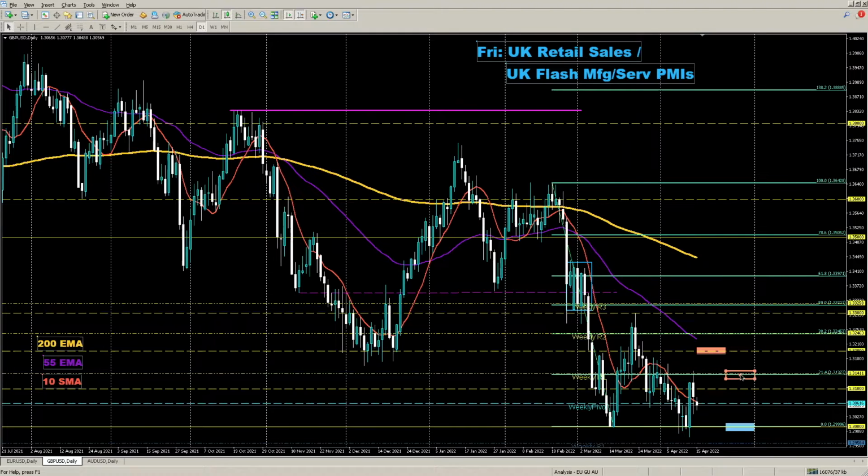This will still be maintained as an intermediate resistance zone, and above that, with the daily 55 coming down, the next key resistance will be at 132.00.